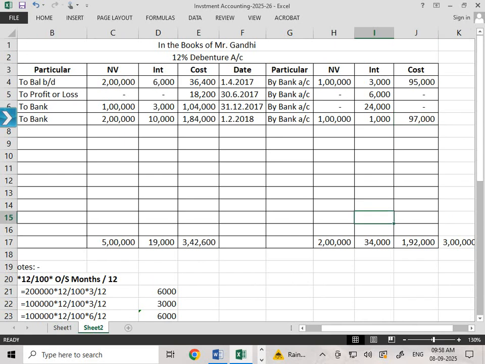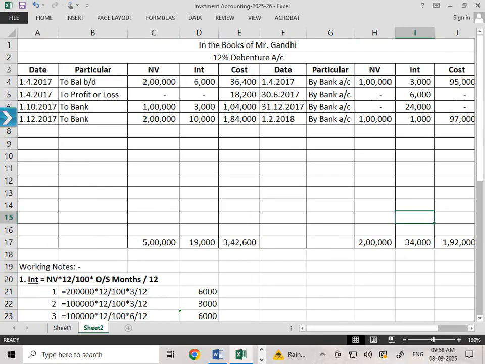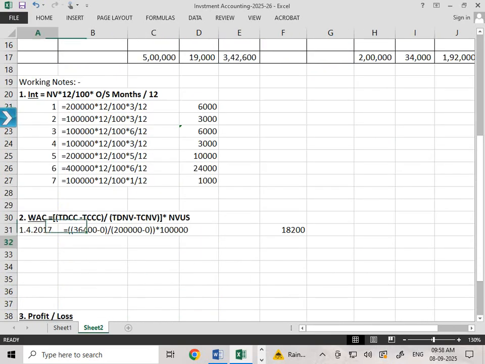But we have to find out what profit or loss. To find out profit or loss, first of all we have to calculate the weighted average. So first February 2018, same formula you have to apply.